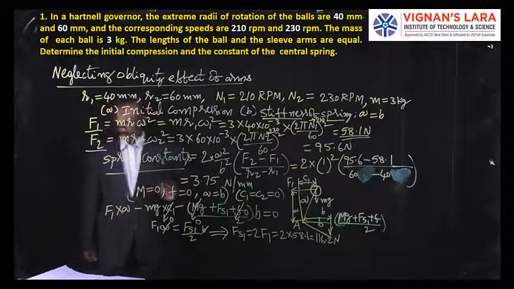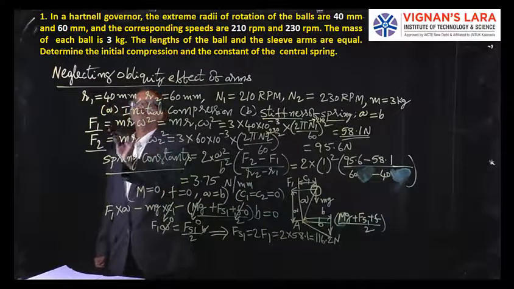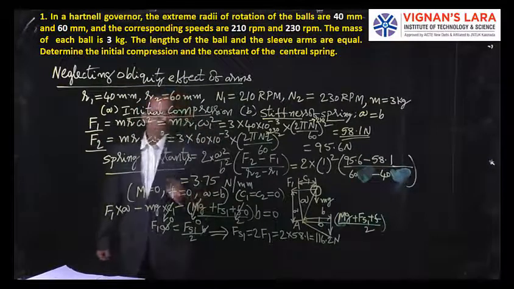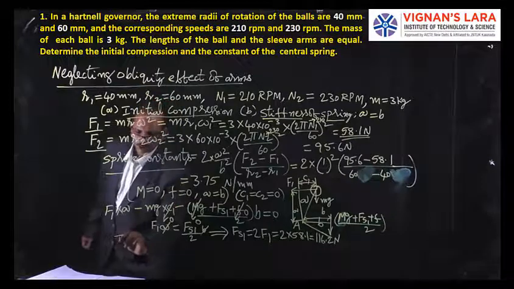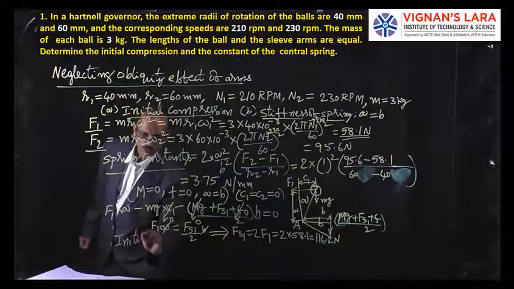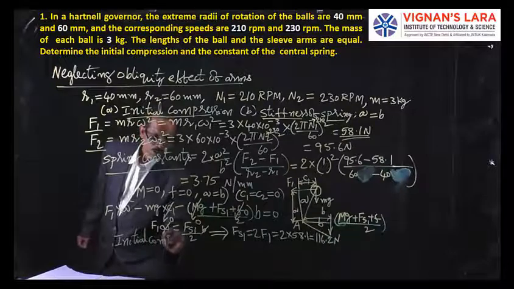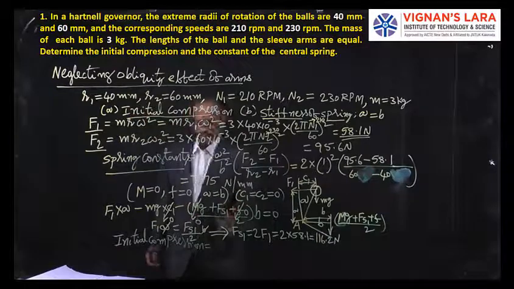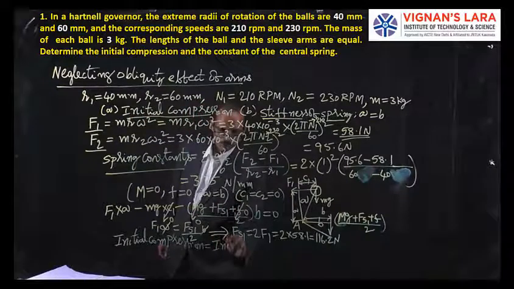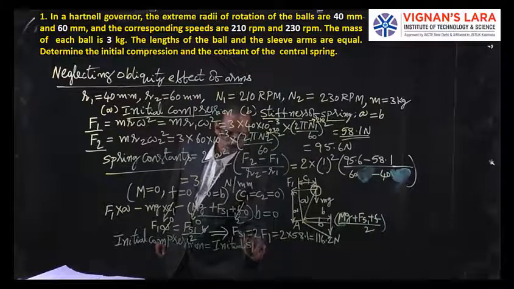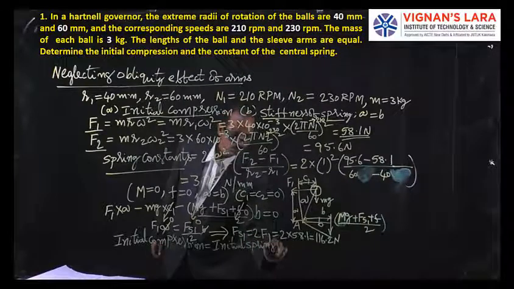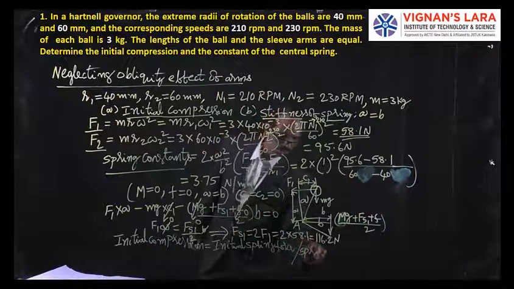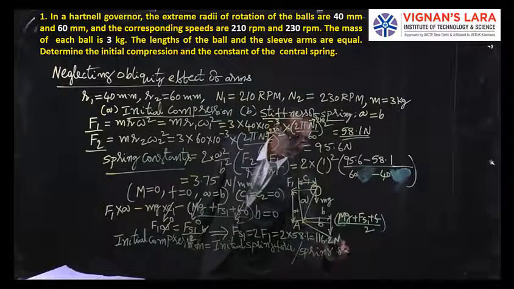Okay, Fs1. What is my requirement? My requirement is the initial compression. So how to get the initial compression? Initial compression is equal to initial spring force by spring stiffness or spring constant, both are same.